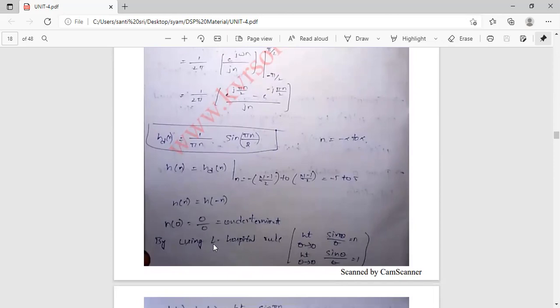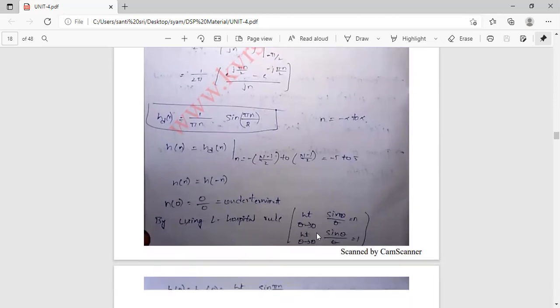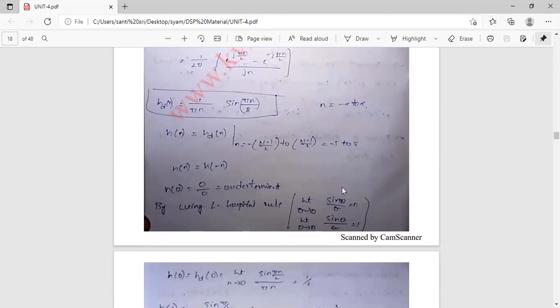By using L'Hospital rule, limit theta tends to 0, sin theta by theta is equal to 1.